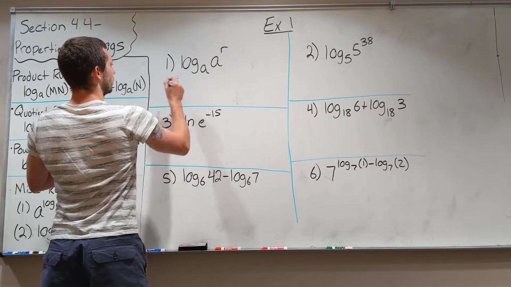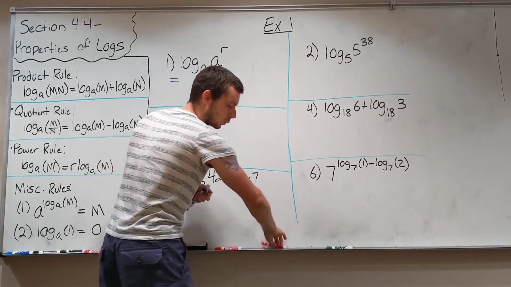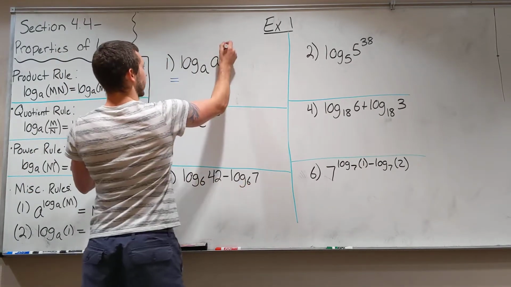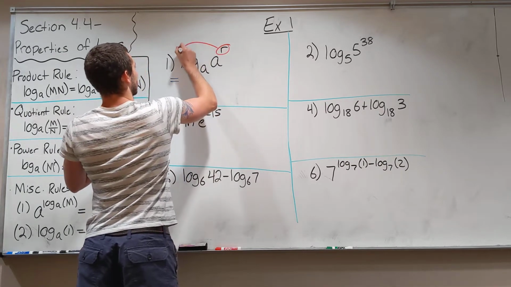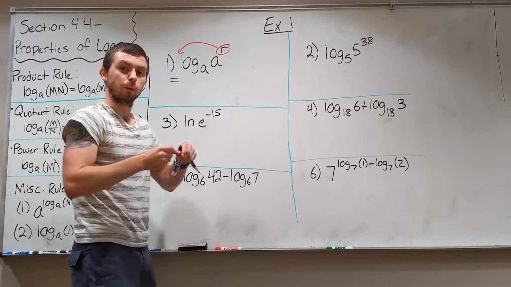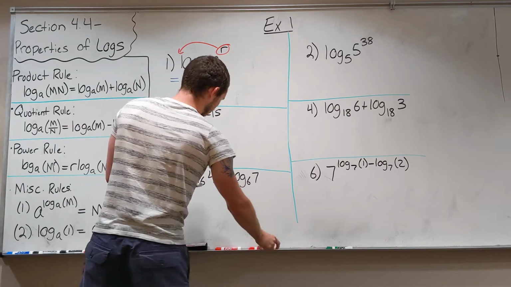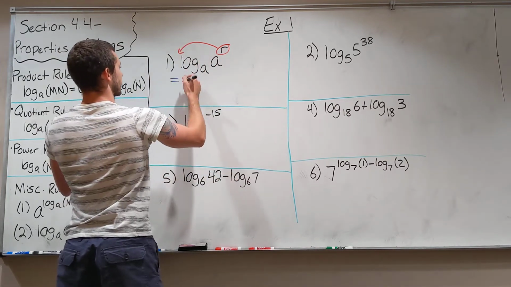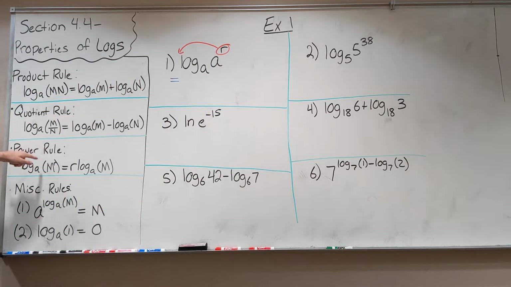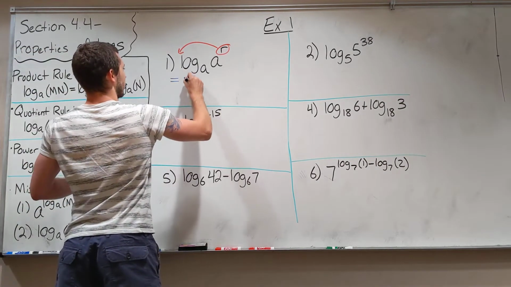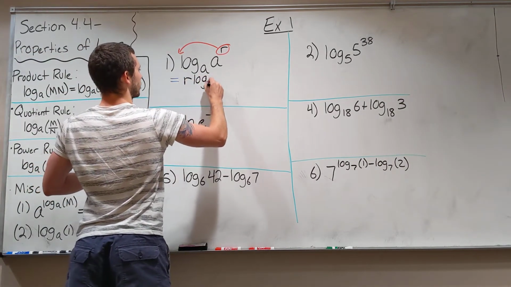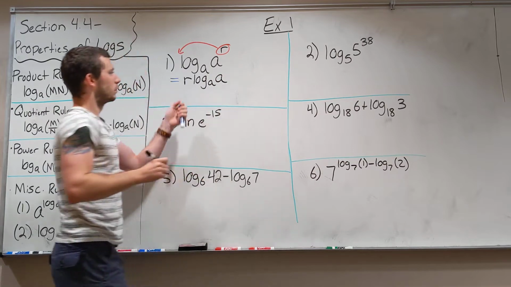And so the power rule, and in fact, what I like to do is I like to circle the exponent and use an arrow to indicate where the exponent is going. So that tells us, if we follow the power rule here, all that simply tells us is that we can rewrite this logarithm just like this.